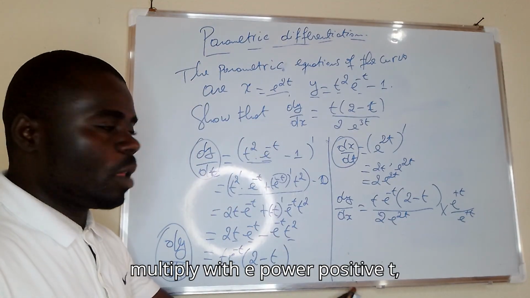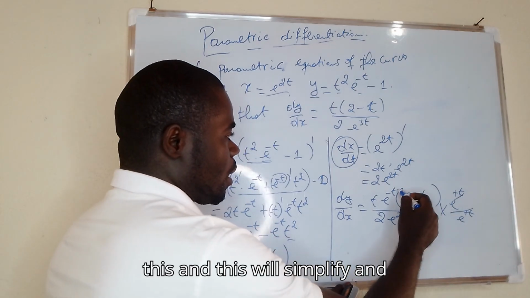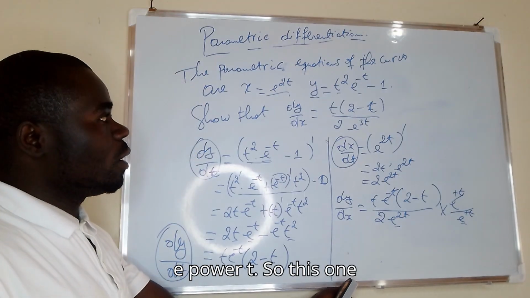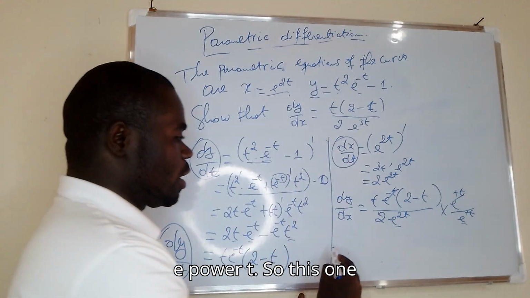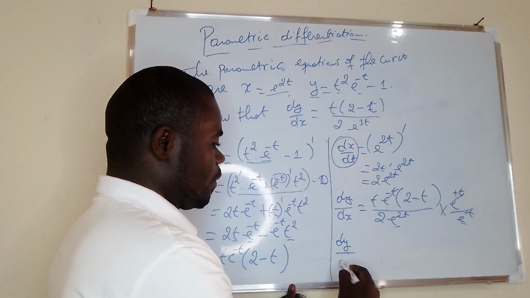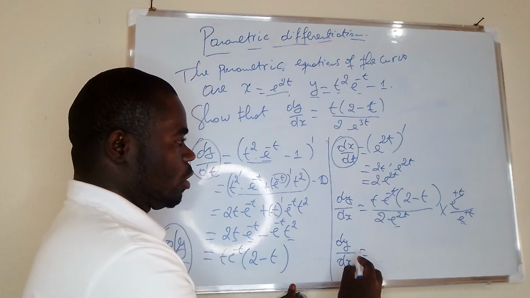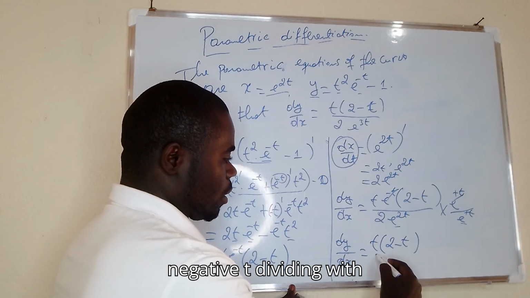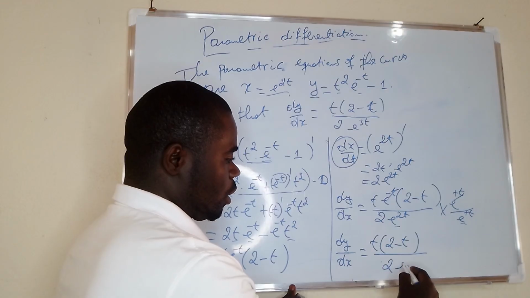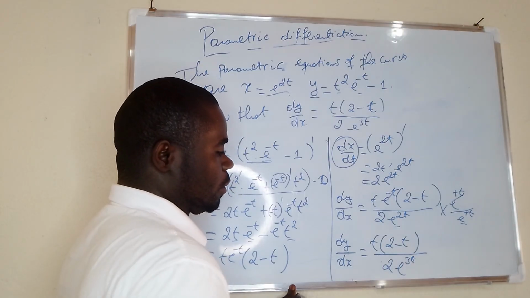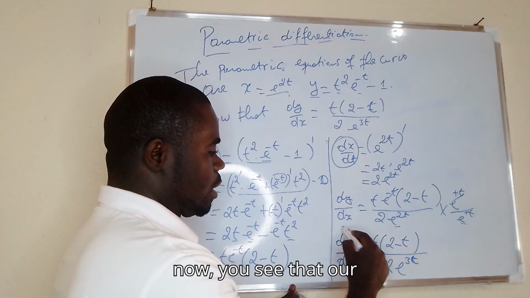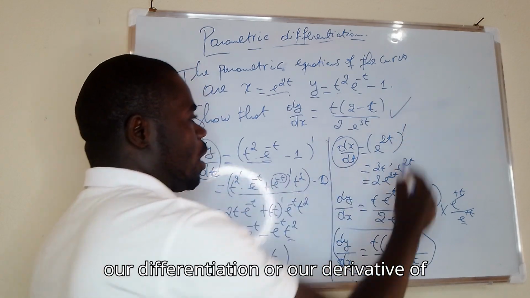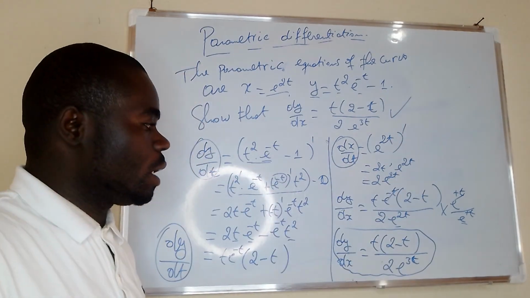When you multiply by e^t, this and this will simplify, and this one with this one will give e^(3t). So this one is our dy/dx, equal to t(2 − t) divided by 2 e^(3t). And now you see that our derivative of the parametric equation is correct.